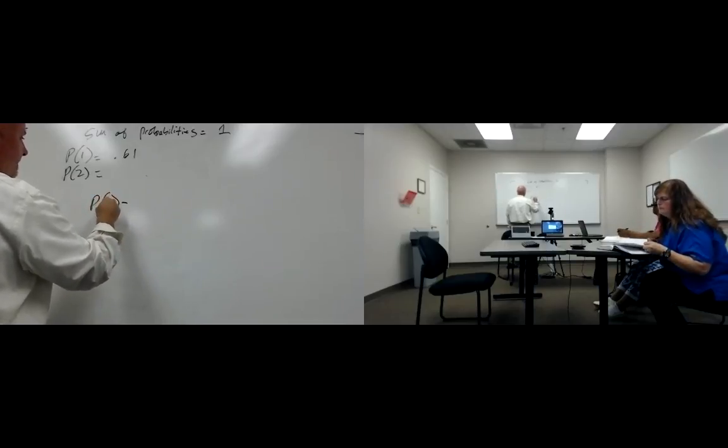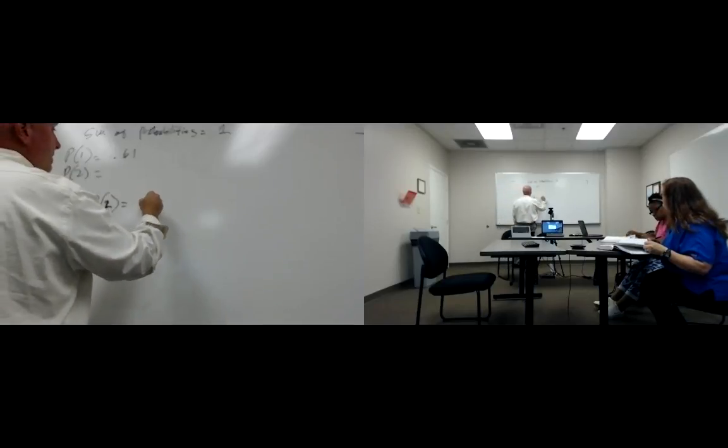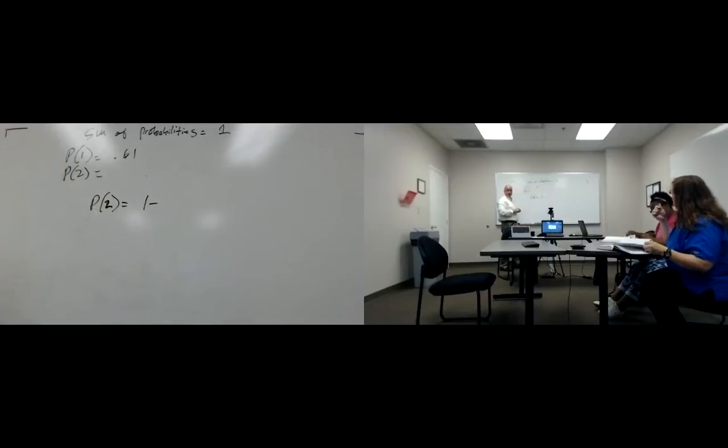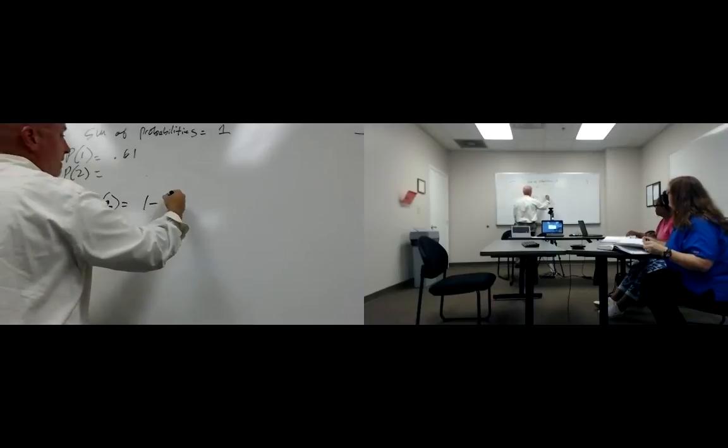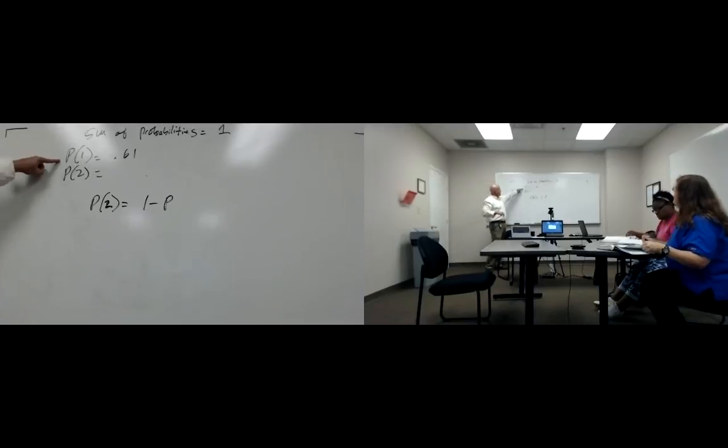So the probability that event 2 occurs is equal to 1 minus what? No, remember, I'm trying to define the probability of event 1 occurring. The probability of the first outcome is 0.61.